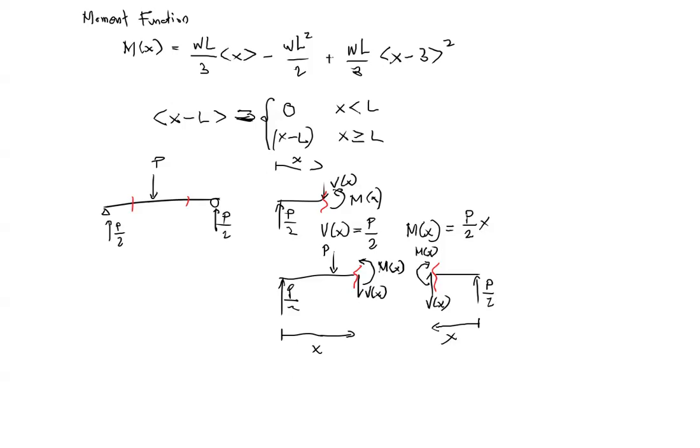Then, counterclockwise is positive na moment. If you're going right to left, then mag-flip yung conventions natin. Yung shear, up, positive na shear ay yung upwards. Then, yung clockwise na moment ay yung positive na internal bending moment.